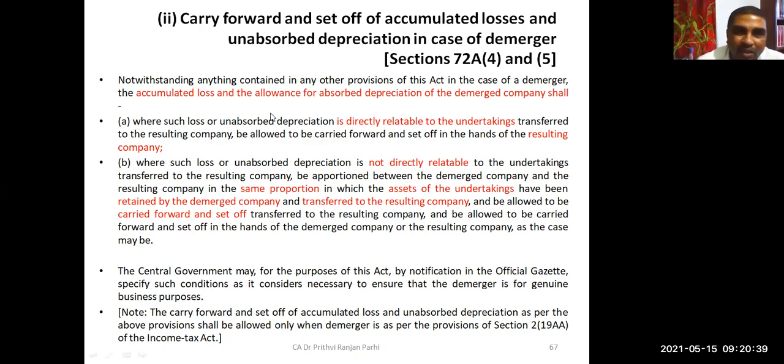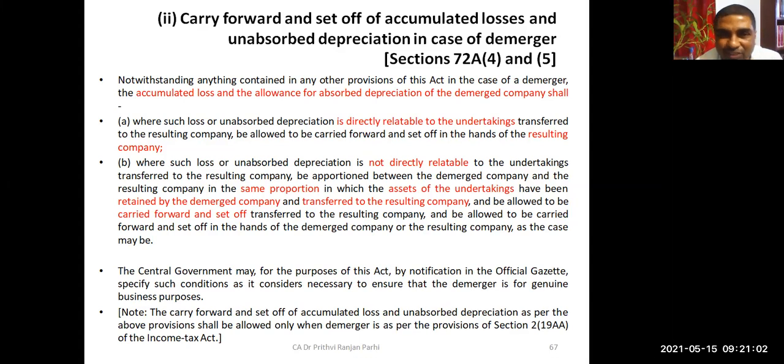Okay. Where the loss or unabsorbed depreciation is directly relatable to the undertaking transferred to the resulting company, it will be allowed to be carried forward and set off in the hands of the resulting company. When it is relatable, then one can easily do it. Okay, when it is not relatable, so there is a joint loss, what can happen?